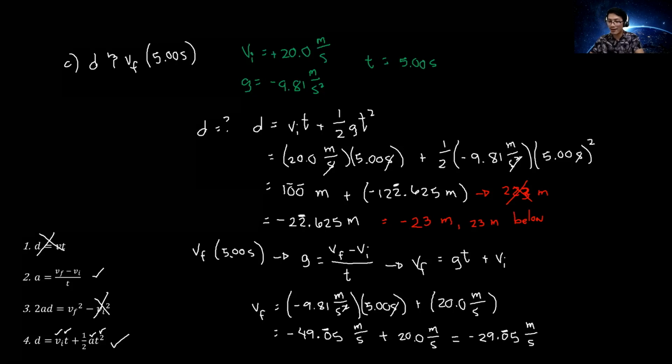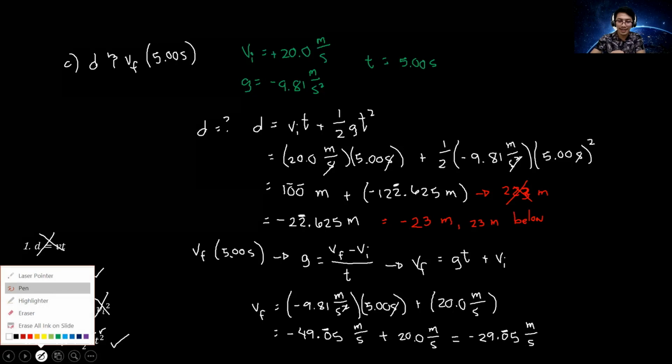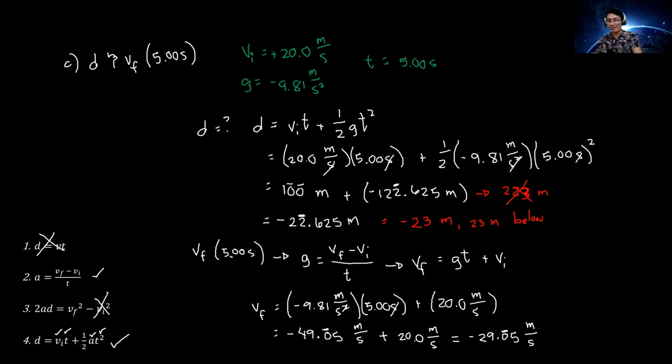Hanggang dyan. So round off natin. Anong answer natin dito? It is what? Negative 29.0 or 29.1? It is 29.0 meters per second. Ayun. Ano ibig sabihin ng negative? That means it is going downwards.